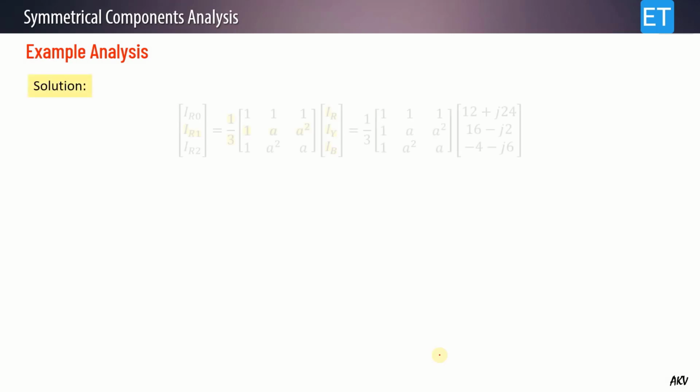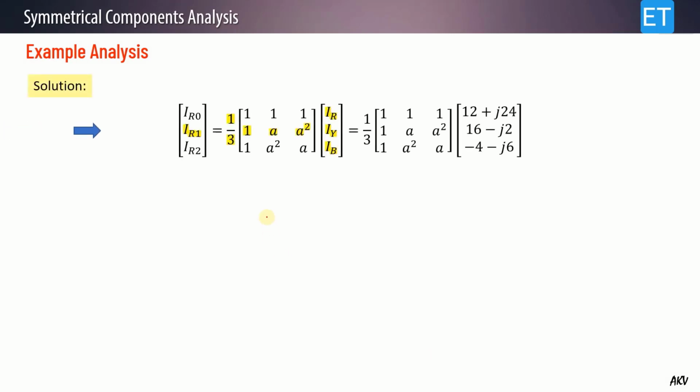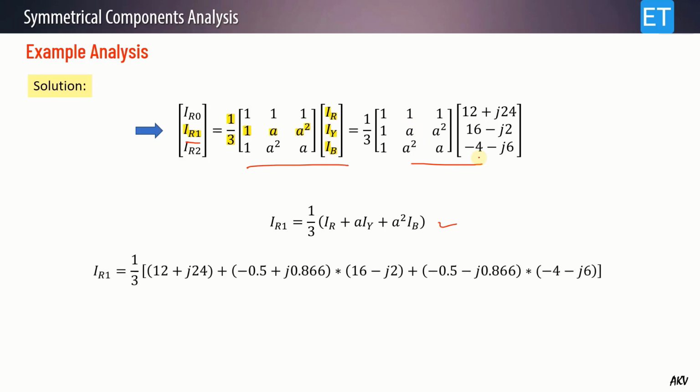Now go to the second row, from where you can find IR1. IR1 is obviously equal to, from this matrix equation, 1 into IR plus A IY and then A square IB. You have to just substitute all the values from here. So 1 upon 3, this is IR, and this is A, and this is IY, this is A square.